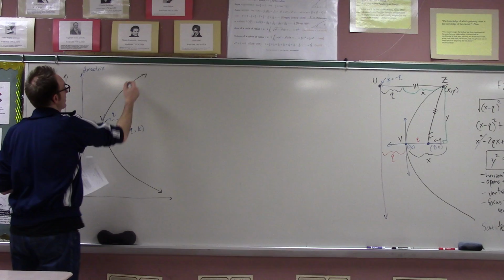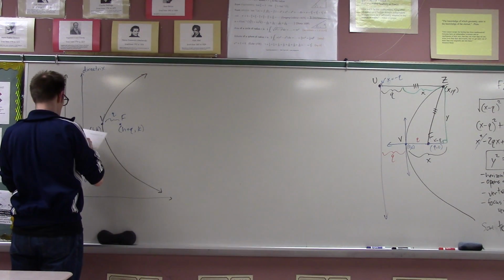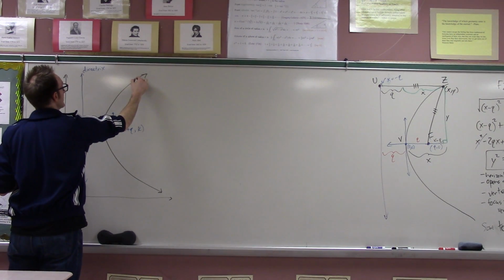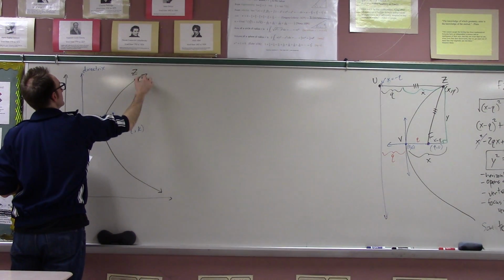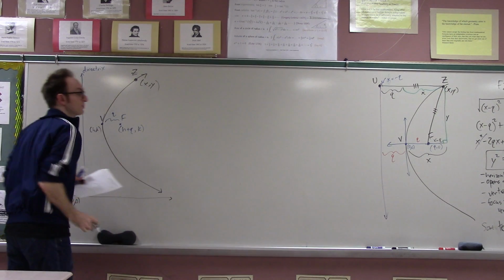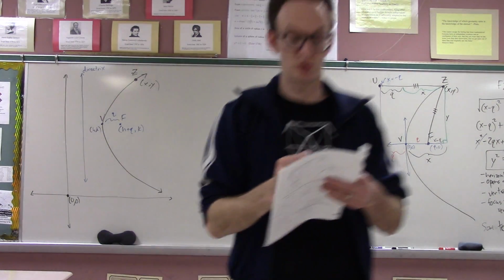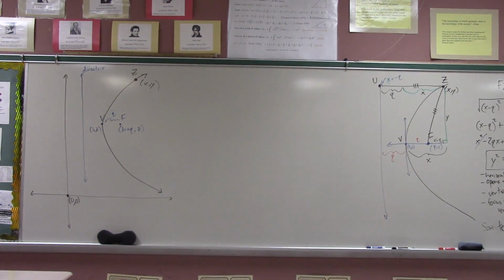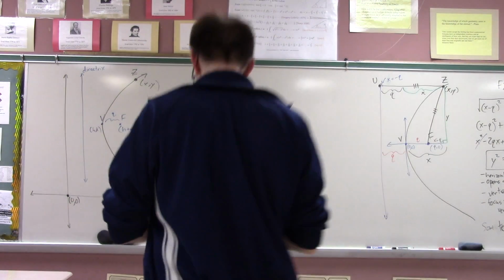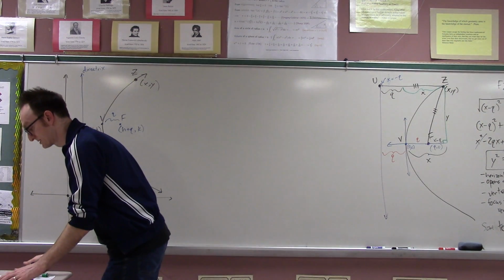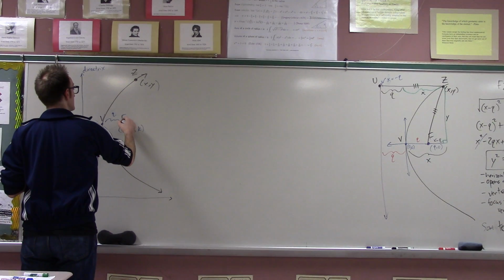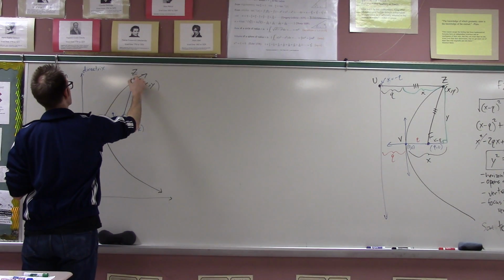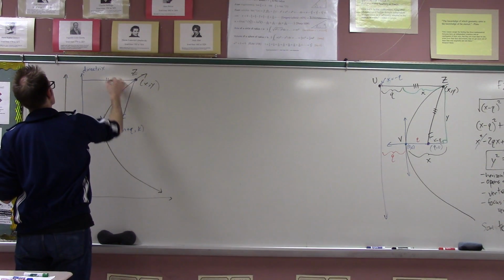So again, I'm going to do the exact same thing I did before, which is to pick an arbitrary point z, x comma y, on this parabola, and if I can find what is true about that point, then I'll know what's true about any point on this thing. What is true about this point z? What's true is that the distance to the focus equals the distance to the directrix.